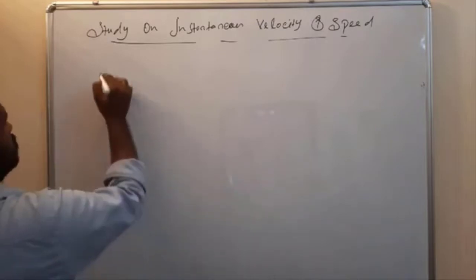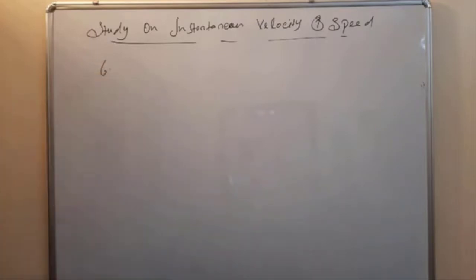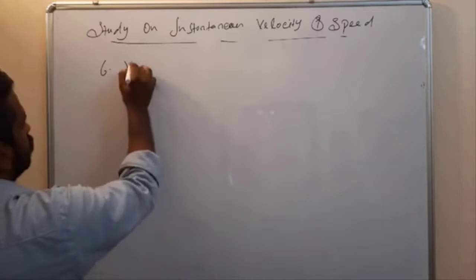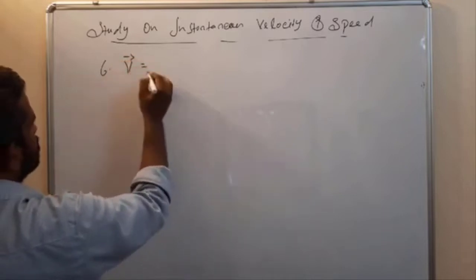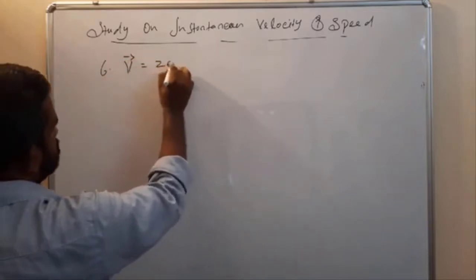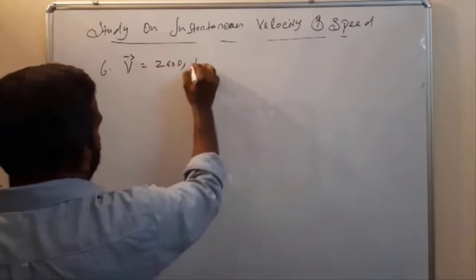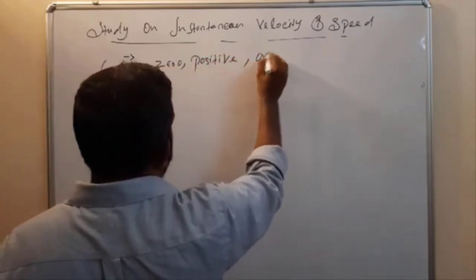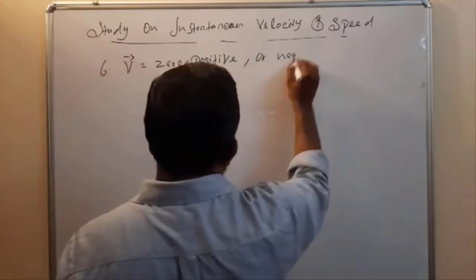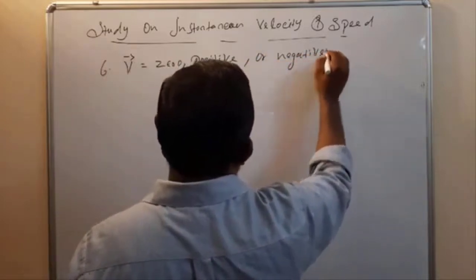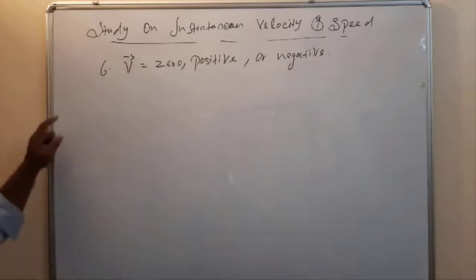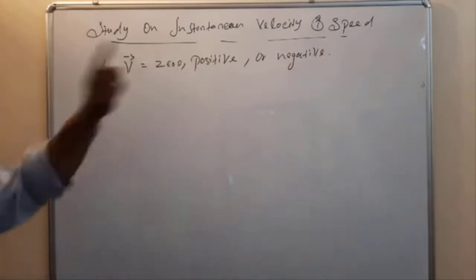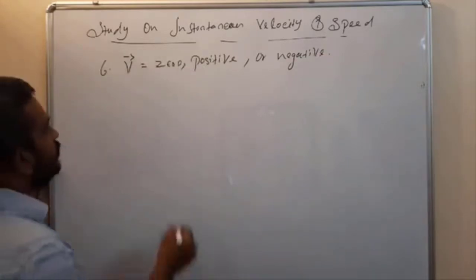Sixth point. Velocity can be equal to 0, positive or negative.